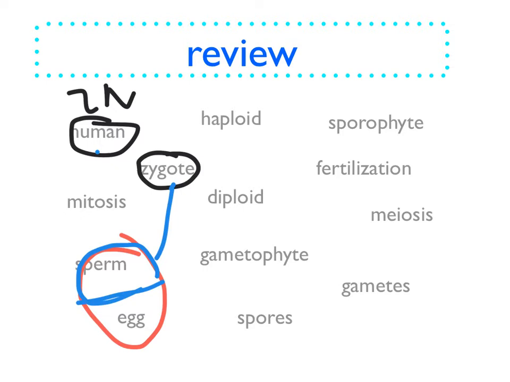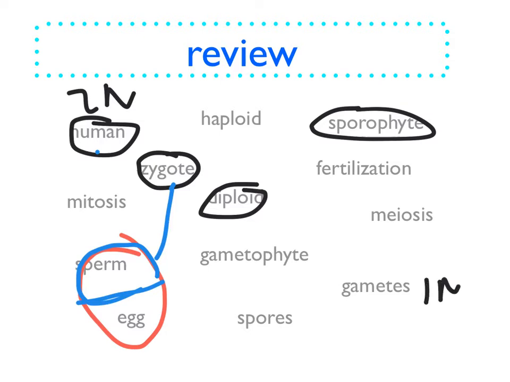For plants, the sporophyte is 2N, diploid. The gametes are 1N, okay, 2N.